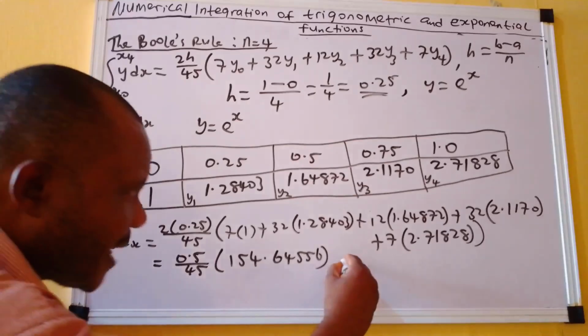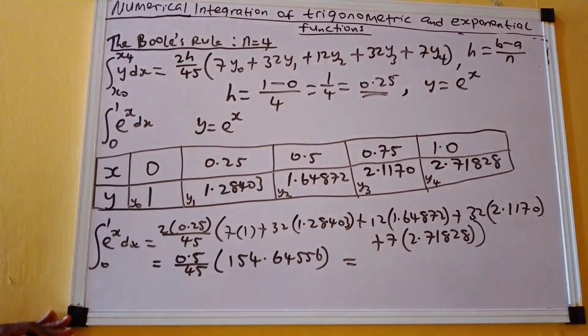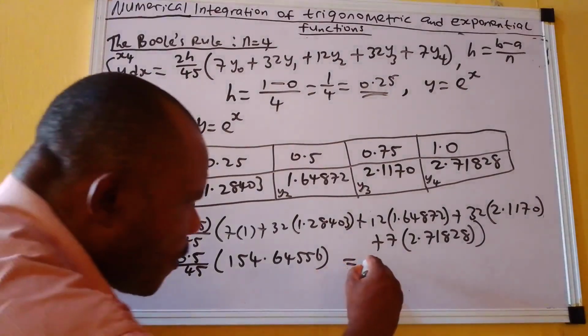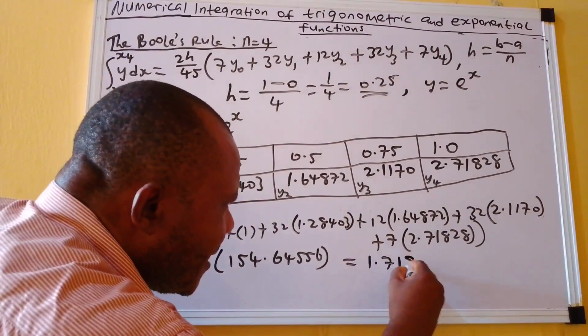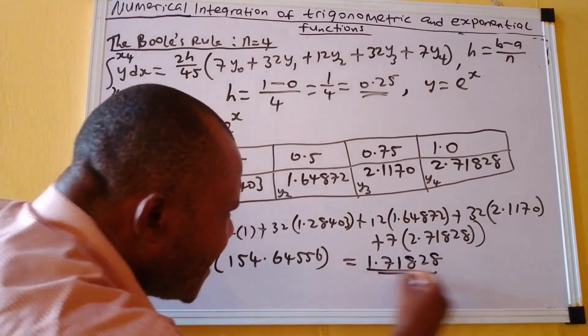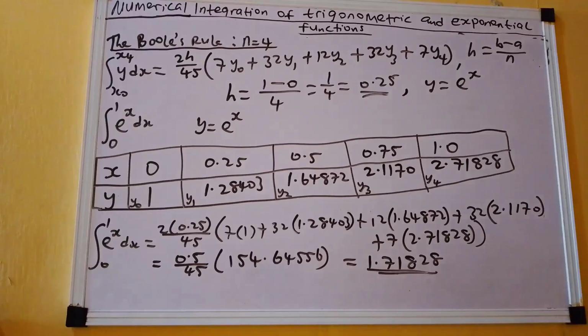Then when you carry out that multiplication, you get up to 5 decimal places. You are going to get 1.71828. You can see this is very okay.